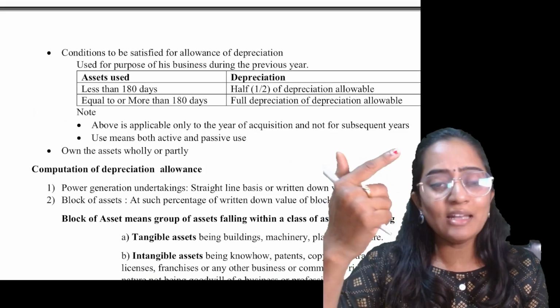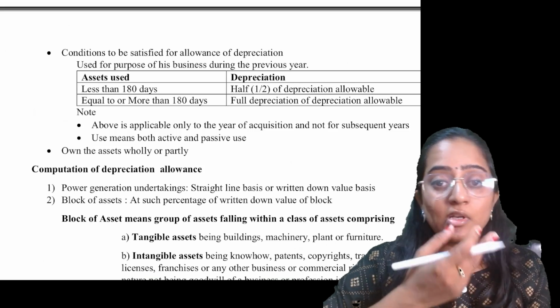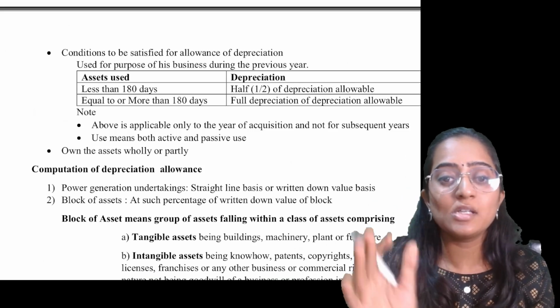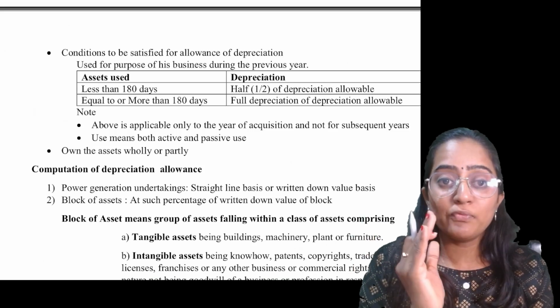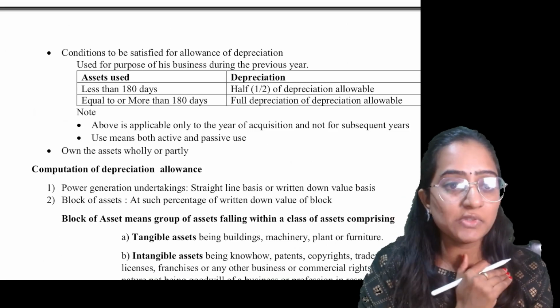Let's consider plant and machinery at 15% depreciation rate. Half of the depreciation allowable would be 7.5%. That is 50%, half of the depreciation which is allowable under the block.